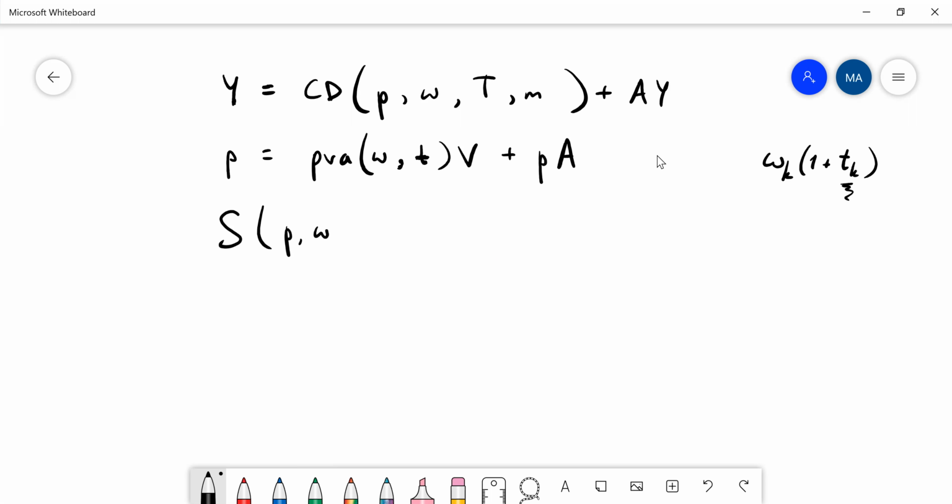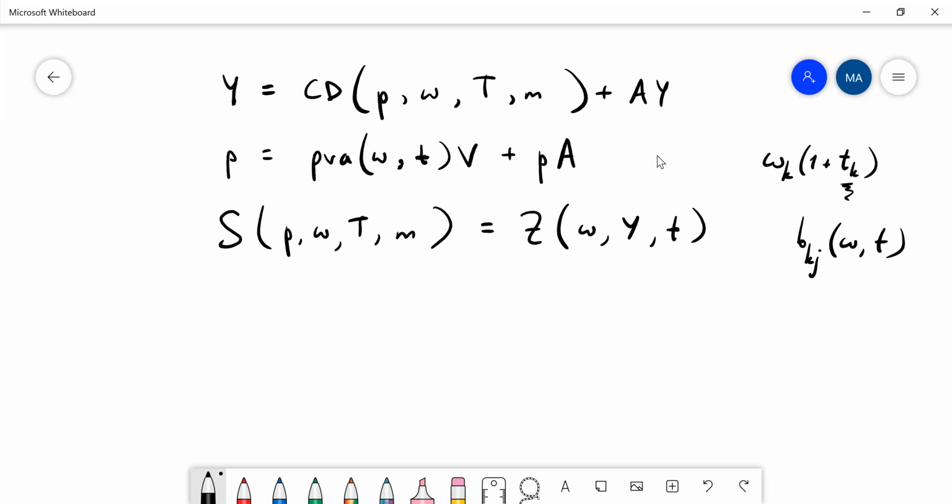So supply, again, will depend on these things, right? And this demand is now depending on this T as well, by the same reasoning, because remember, BKJ depends on T as well.